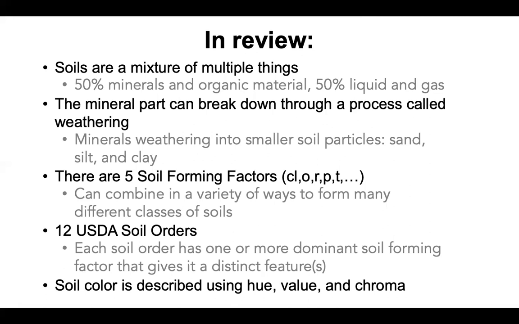And each of those soil orders has a distinct feature that results from the factors. And then when we're looking at soils, soil color is an important thing to think about too. And we describe that using 3 letter number combinations: hue, value, and chroma.